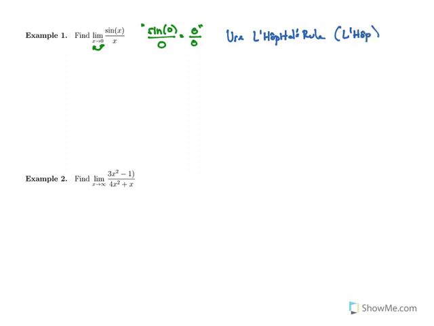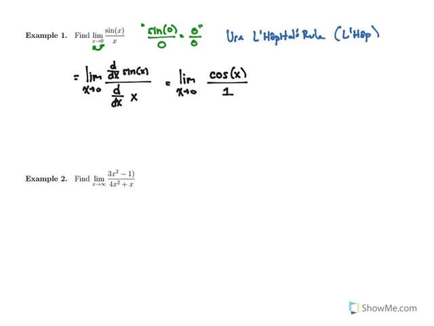So that means that this limit is equal to the limit of the derivative of sine over the derivative of x. Taking those derivatives, we have the derivative of sine is positive cosine. The derivative of x is 1.